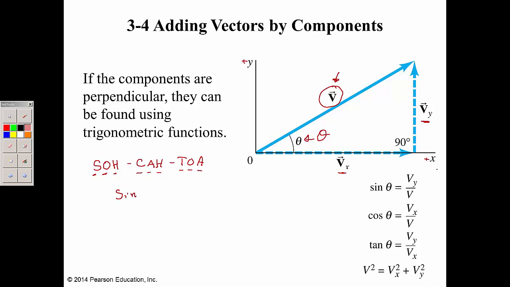So sine of theta is again going to be the opposite vy divided by the hypotenuse v, and we could write our vector vy to be equal to our vector v times sine theta. Now we do the same for the CAH and the TOA, and last but not least we have the magnitude of v written as such.